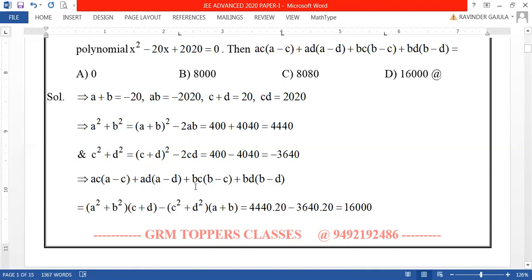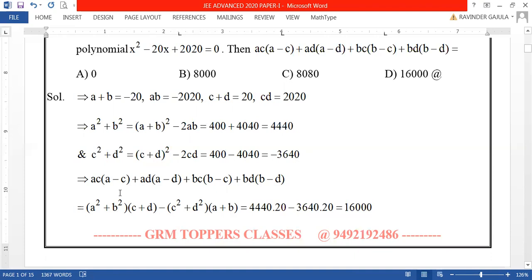Similarly, here B square C and B square D together, B square (C plus D), so that you can separate the terms like this: (A square plus B square)(C plus D).